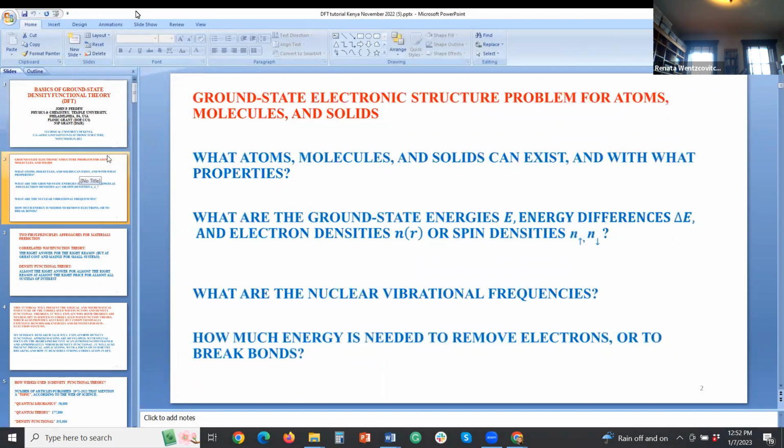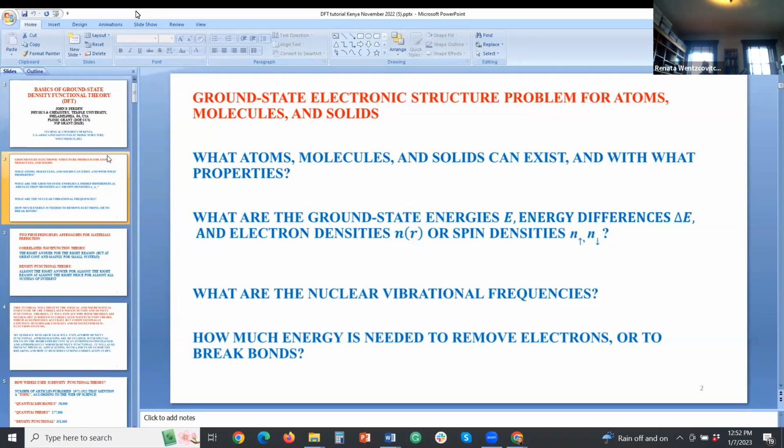Let's start with some of the questions that we get asked about the ground state electronic structure problem for atoms, molecules, and solids. For instance, what atoms, molecules, and solids can exist and with what properties? What are the ground state energies E, the ground state energy differences delta E, the electron densities n(r), or spin densities n up and n down?